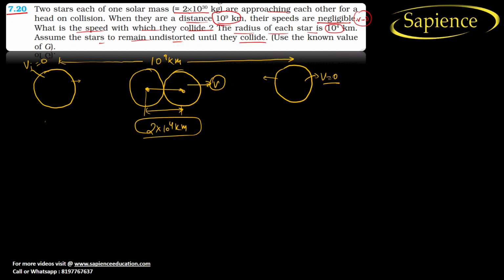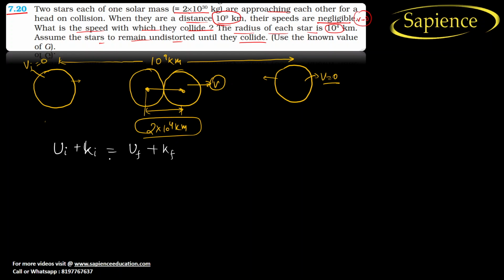If we use the conservation of energy theorem, or work energy theorem, then if we treat this whole as one system, initial kinetic energy plus initial potential energy of the whole system will be equal to final potential energy plus final kinetic energy.